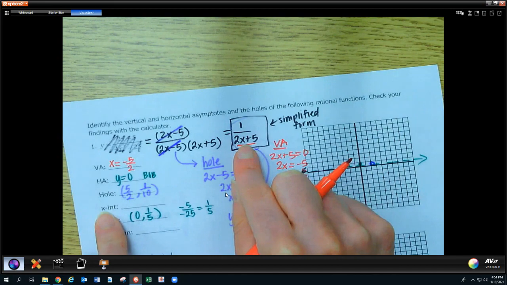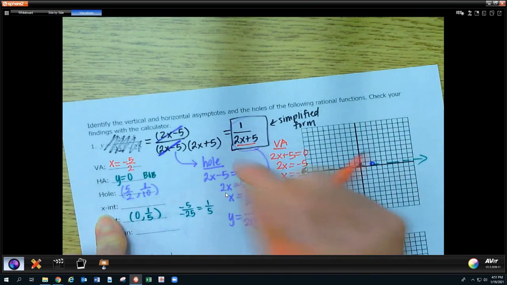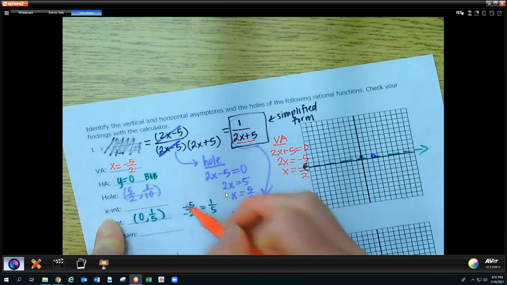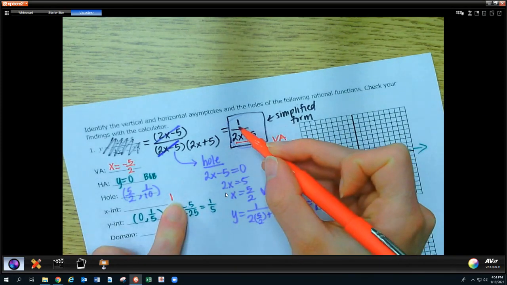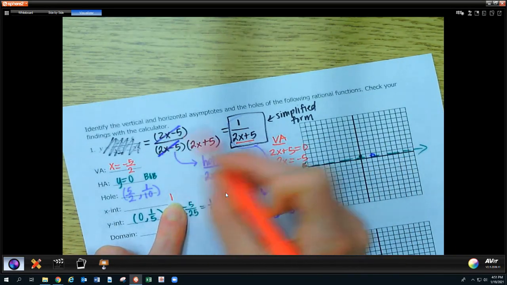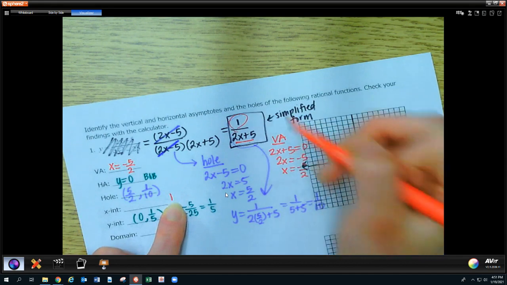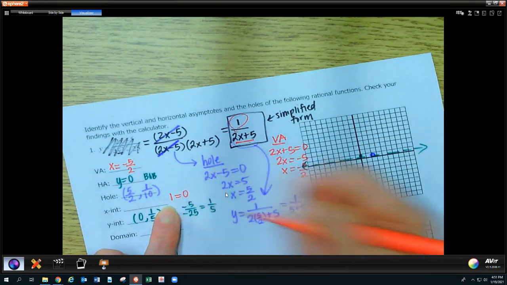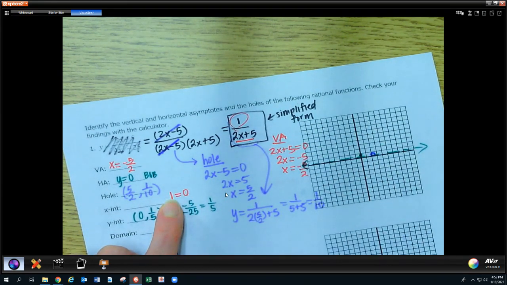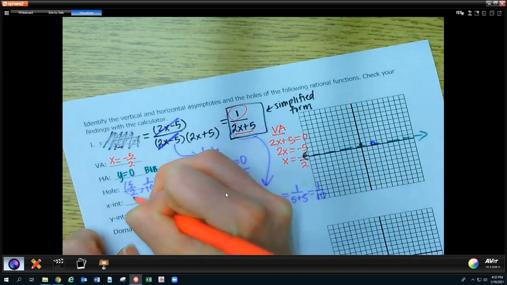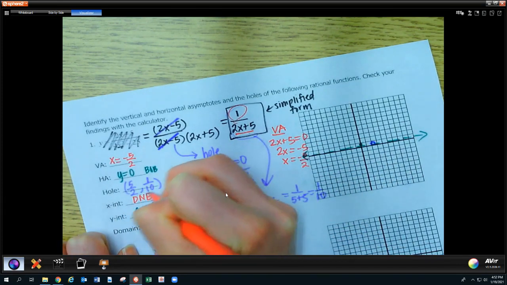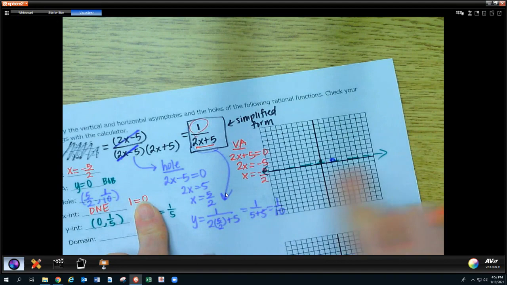Okay? And then for the x-intercept, we set the top equal to 0, which is just a 1. We don't have this factor anymore, just a 1. And so when you set that equal to 0, that never happens. 1 never equals 0. And so the x-intercept does not exist. And that's because we have a horizontal asymptote that we've never crossed.